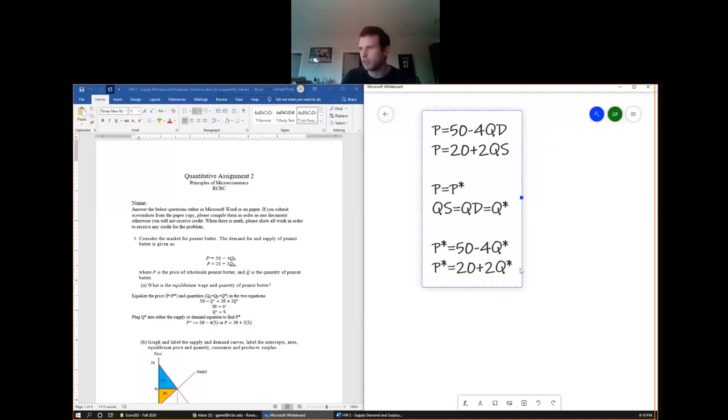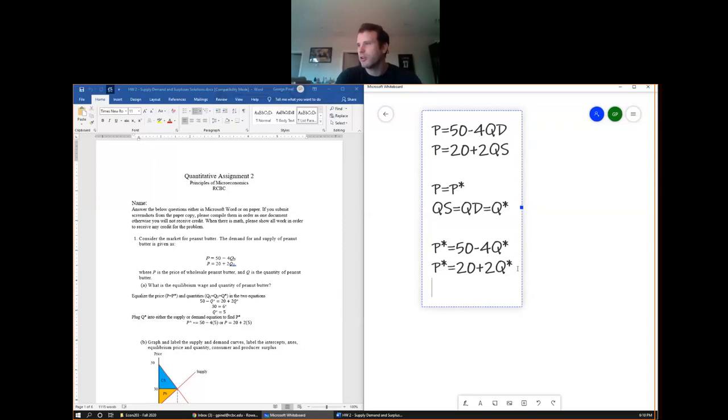They basically mean the same thing in this particular example. But let's do the first one. We'll plug in 20 plus 2Q star for P star, since it's already equal to P star. Do you guys follow that step? Yeah.